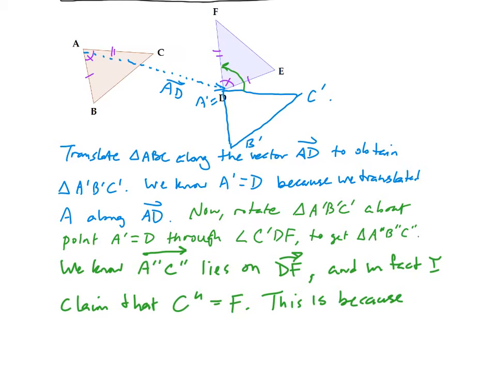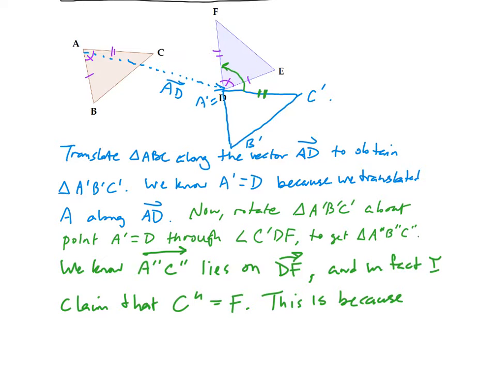that line segment DC prime had the same length as the segment from A to C, because I just mapped everything over. Mapping everything over is not going to change the length of this. So DC prime has the same length as AC, and therefore that has the same length as DF by our assumption, because we knew that AC and DF have the same length.